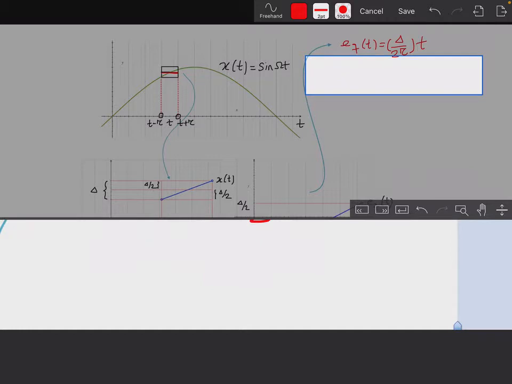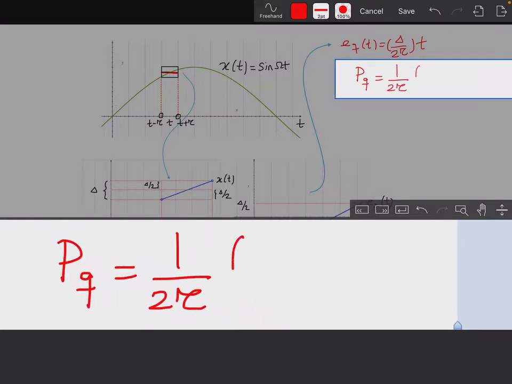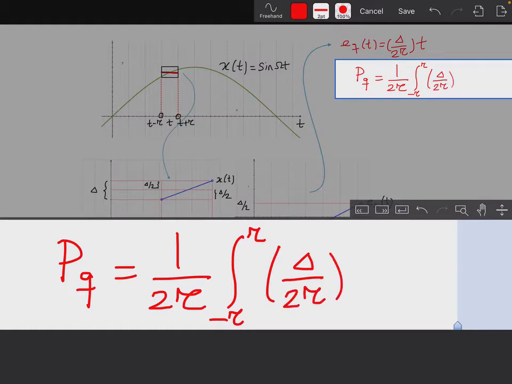Then the mean squared error power of our quantization error is defined as PQ. We average over 2 tau, and we get the integral of our error signal from minus tau to tau. We take the integral of the square of our signal because we're calculating power. So delta over 2 tau squared t squared dt.